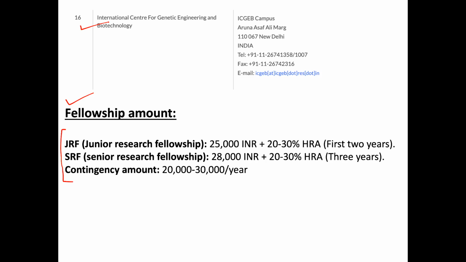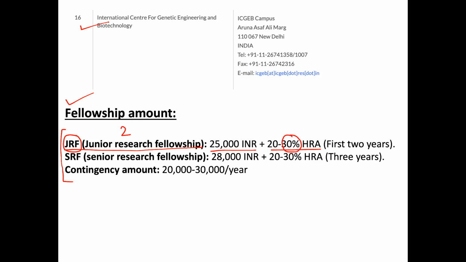All the fellowships are the same. You will get the Junior Research Fellowship, which we call JRF, initially for 2 years. And this amount is 25,000 plus 20 to 30% HRA, depending on the city that you are living in. For example, if you are living in a metro city, then you will get a 30% HRA.